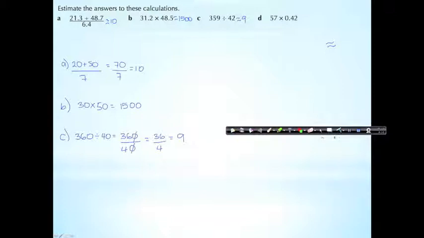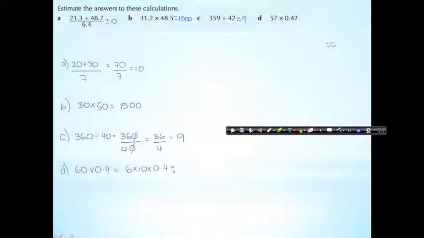Okay, and for part D, we've got 57 times 0.42, so I'm going to say that's approximately 60, and I'm timesing that by 0.4. Okay, I'm going to split the 60 up a little bit. I know that 60 I can have by doing 6 times 10 and then times that by 0.4, and it just helps me to work out this decimal part.